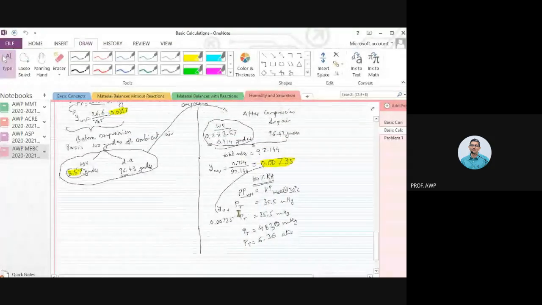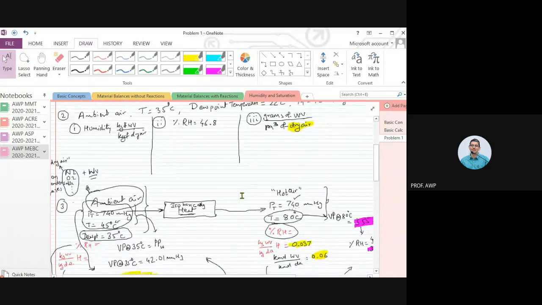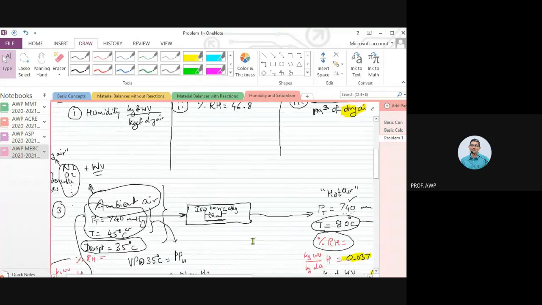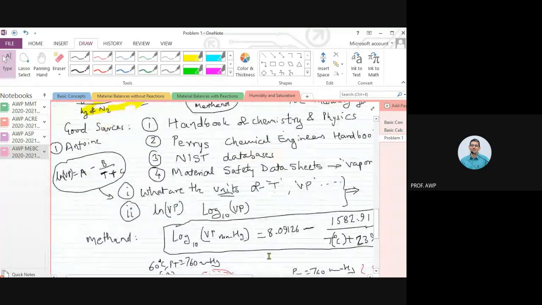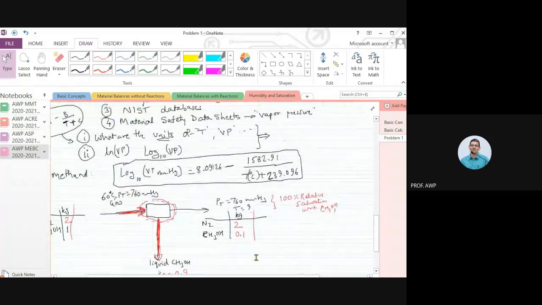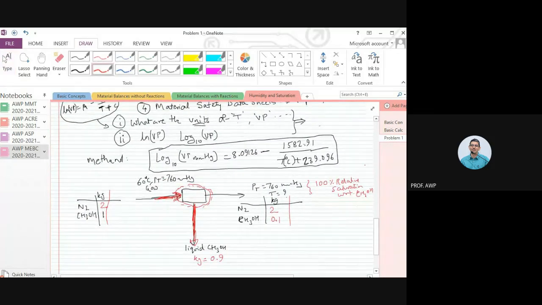When we talk about water and air, we talk about humidity. When we are talking about any other substance, we don't call it humidity, we call it just saturation or relative saturation.